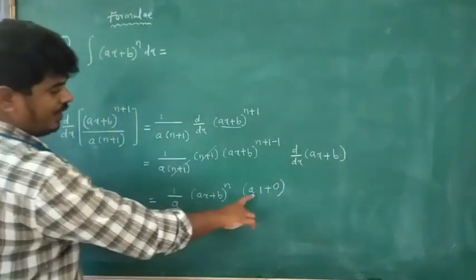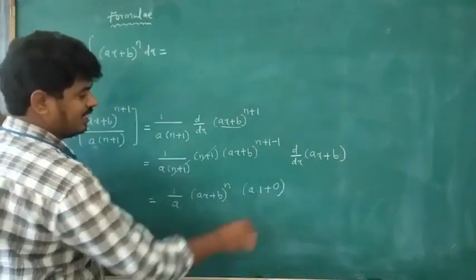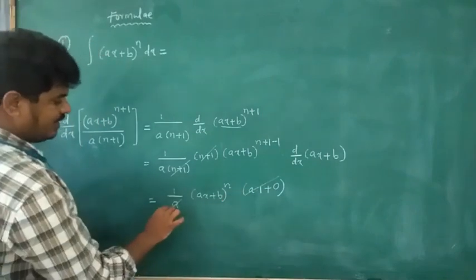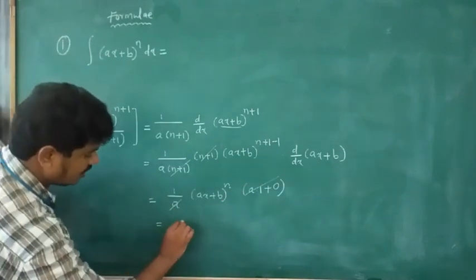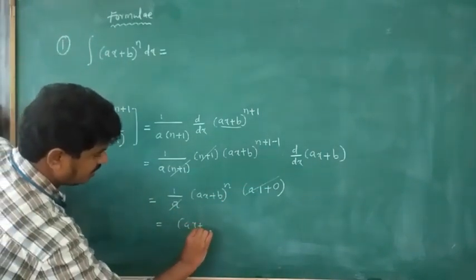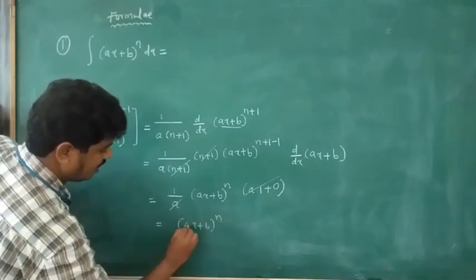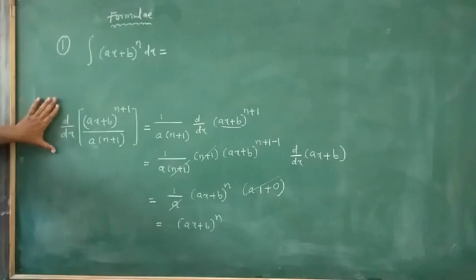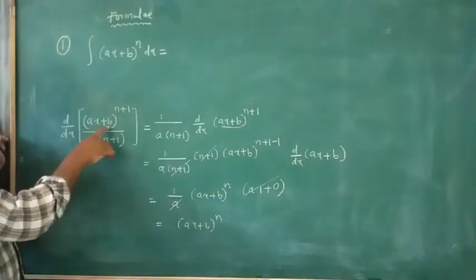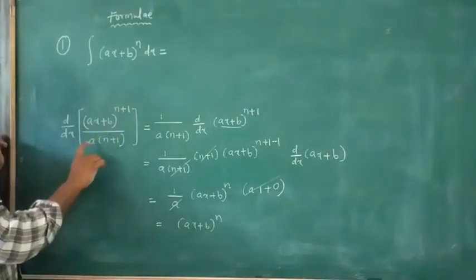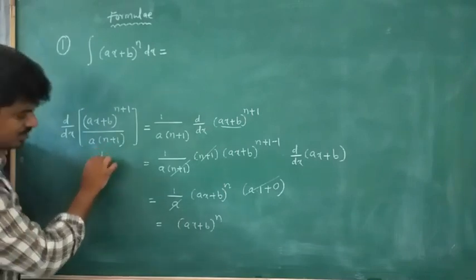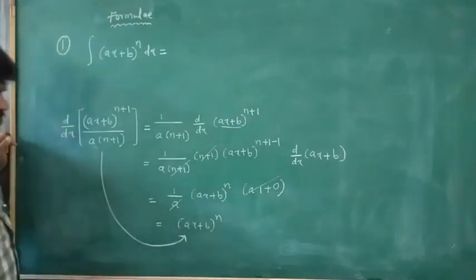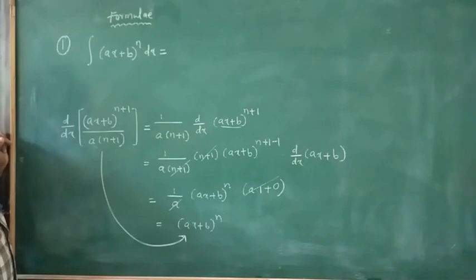Completely a into 1 plus 0, that is a. By cancelling this, what do we have? Ax plus b whole to the power of n. Just observe, the derivative of ax plus b whole to the power of n plus 1 divided by a into n plus 1 is ax plus b whole to the power of n.